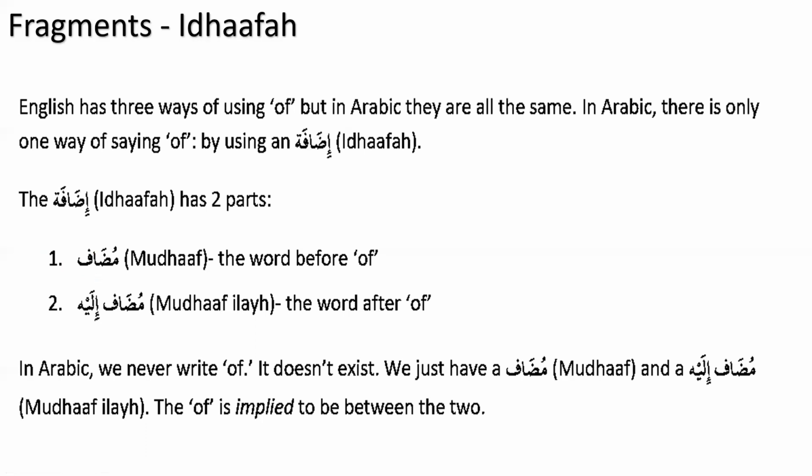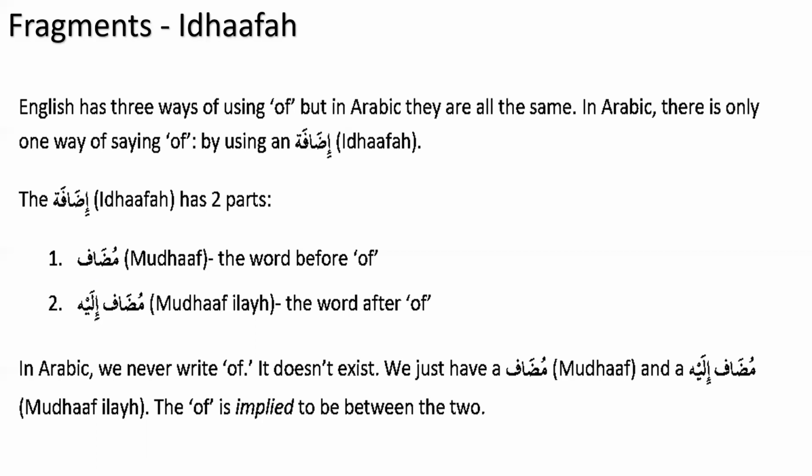Now, there are 3 ways to look at "of" in English. You can say house of Allah. That's one way. We can say Allah's house, with the apostrophe s. And also we can say, using a pronoun, his house.